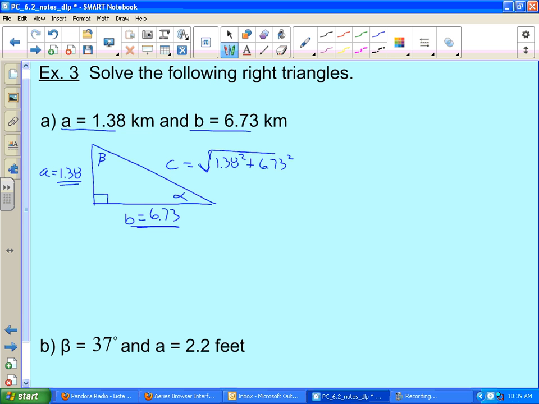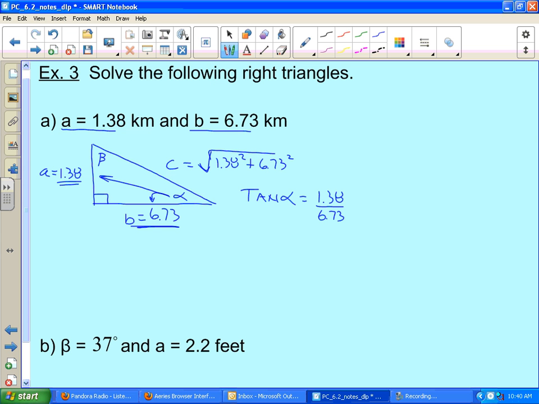The only two functions that have opposites and adjacents at the same time are tangent or cotangent. Let's just default to using sine, cosine, or tangent because we don't have the reciprocal buttons on the calculator. So I have an opposite side and an adjacent side, meaning that the tangent of angle alpha is equal to 1.38 over 6.73.